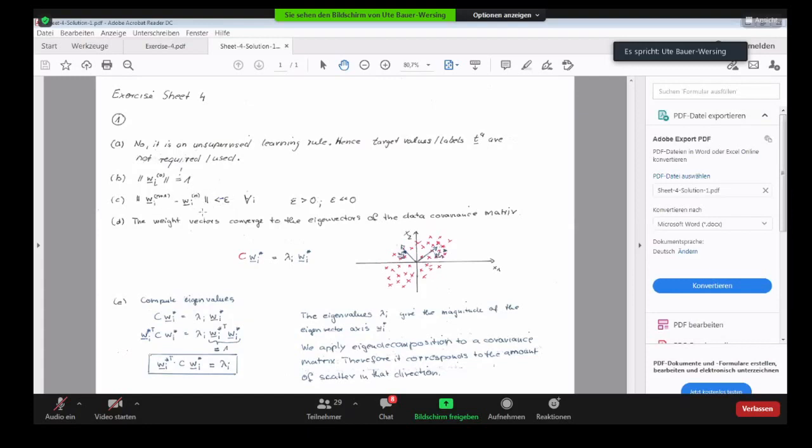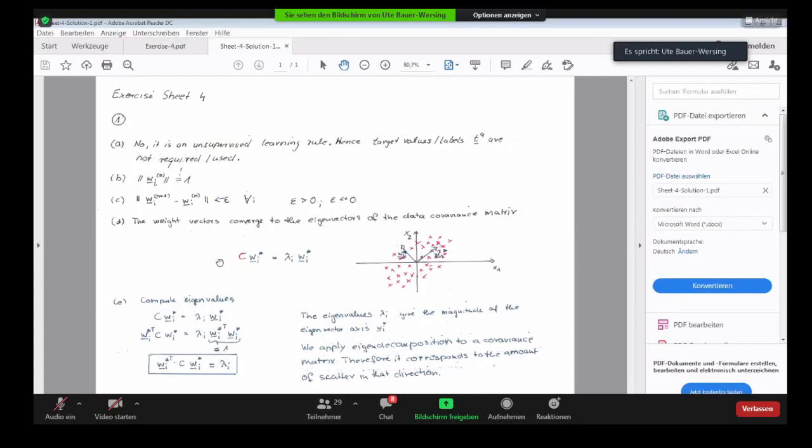You observe the change in the weight vectors from one iteration to the other, and as soon as this has dropped below a small number, epsilon, which is a hyperparameter of this algorithm, you may stop. Okay.